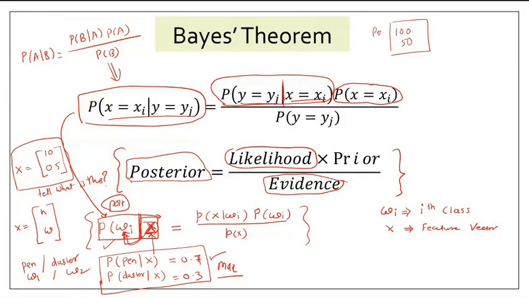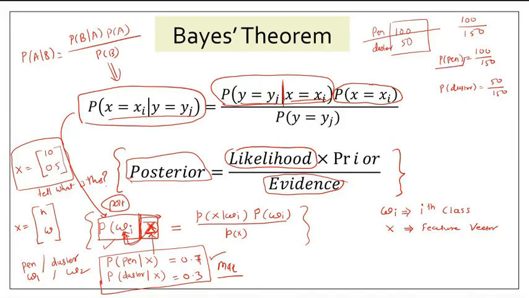These are the number of pens you have and these are the number of dusters you have. So what is the chance that if you pick up any object randomly, it will be a pen? I just say it is 100 divided by 150. So the probability of pen is 100 by 150. What is the probability of duster? So the probability of duster is 50 by 150.